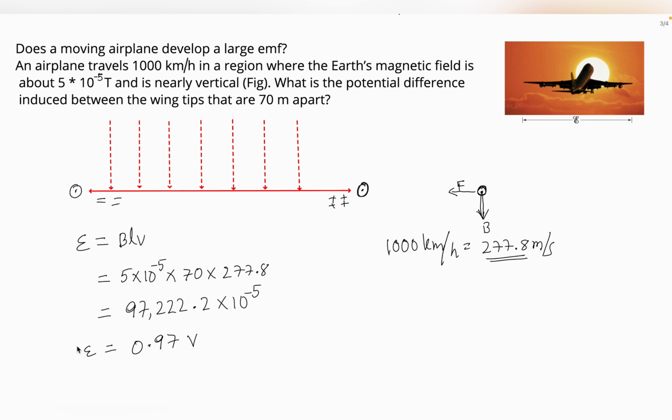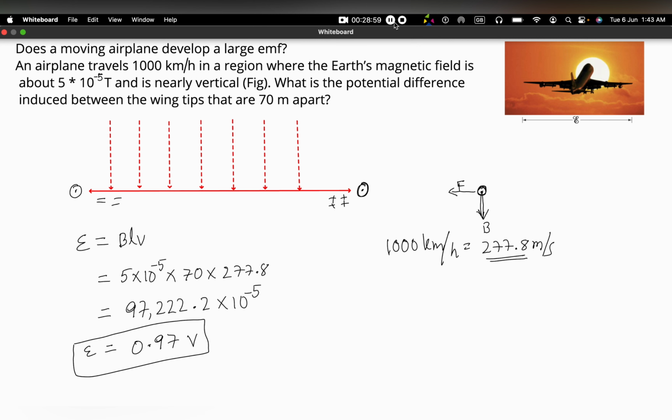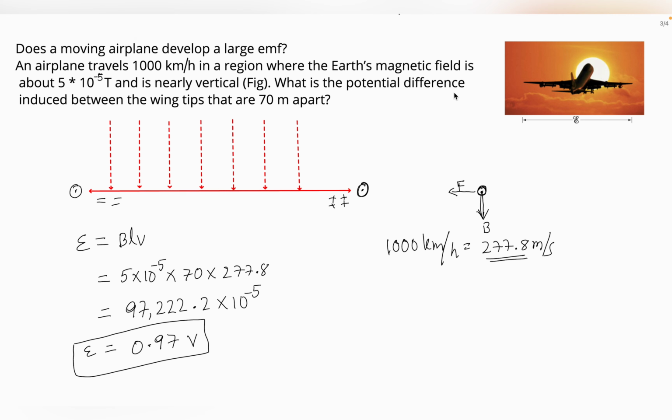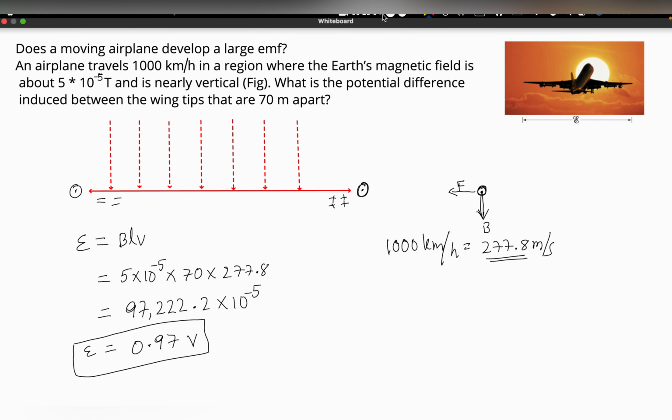So the induced EMF across that is not even 1 volt, which can be negligible, which is very, very small. I hope you understood this concept of induced EMF in a moving rod which is placed in a magnetic field, and we will continue on this to know the induced current and magnitude of the induced current.